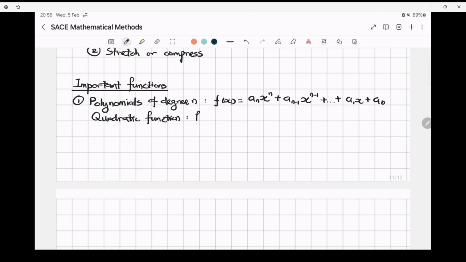Basically this will be f(x) equals ax squared plus bx plus c. Specifically for quadratic equations, you actually need to know all the details. For example, how do you factor a quadratic equation?